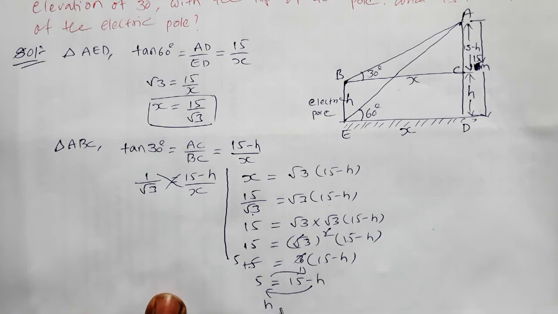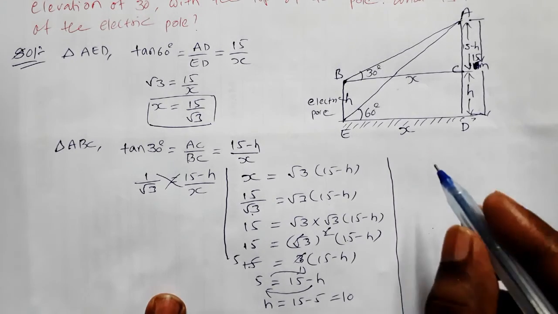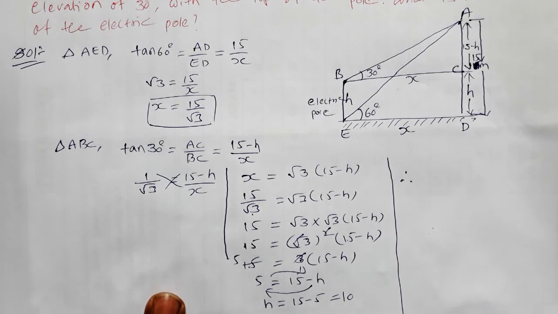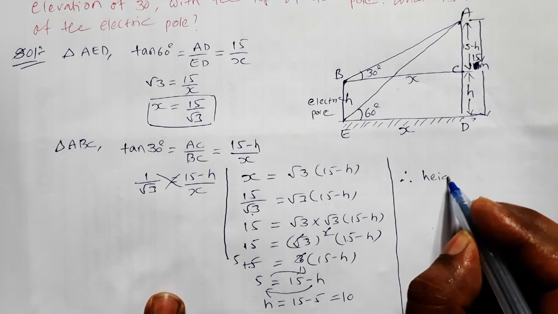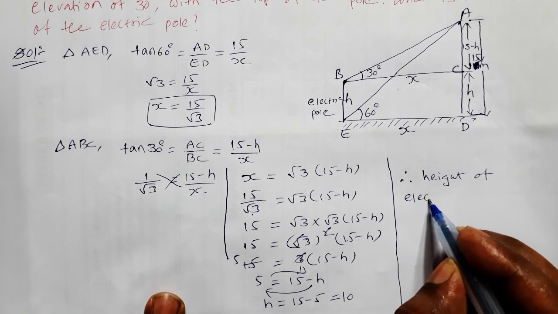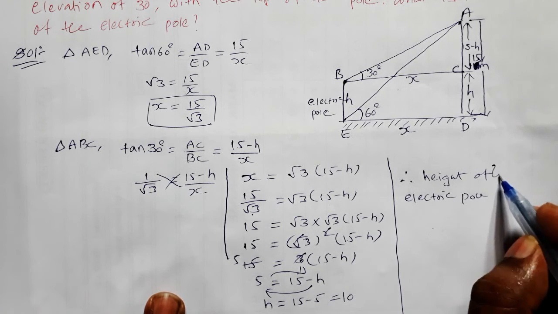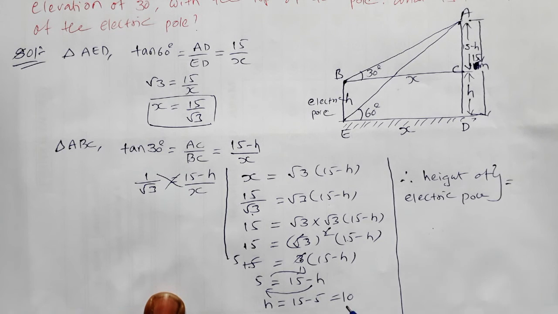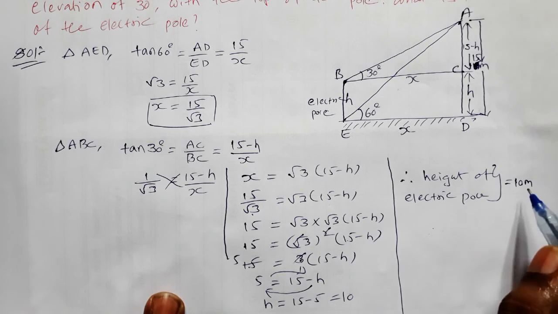You will get h equals 15 minus 5, 10. So finally we can write, therefore, height of electric pole equals, how much we got? 10 meters. That's all.